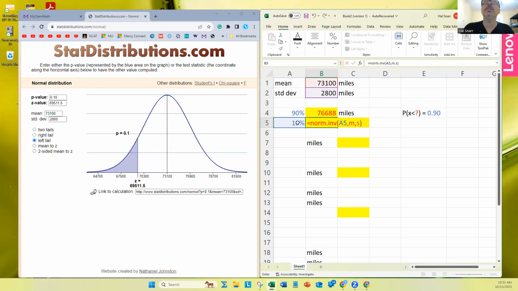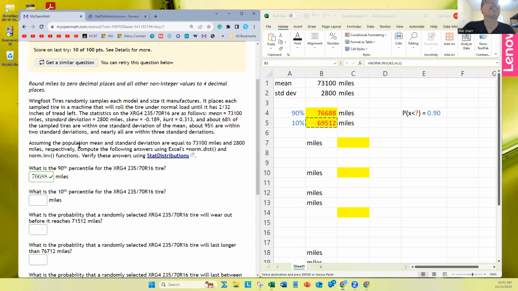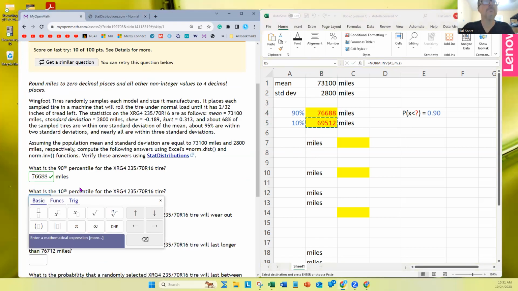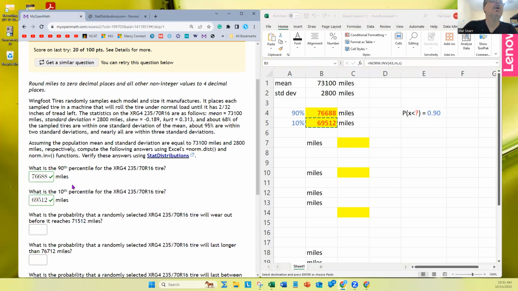I close parentheses, and I get something pretty close to what statsdistributioncalculator.com gives. I want to use this number because it's more precise. This gives us a nice visualization, but we want to use the numbers from Excel. Okay, we got those two, right?